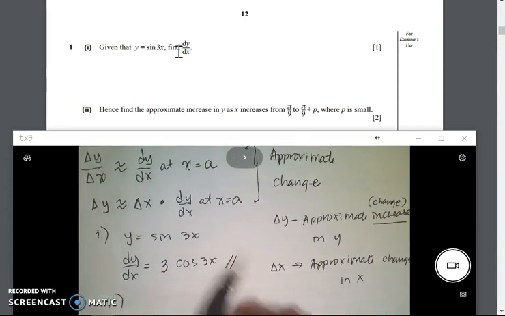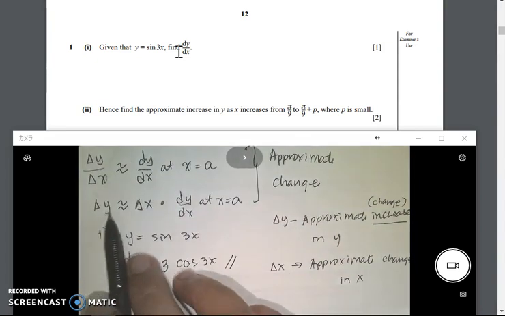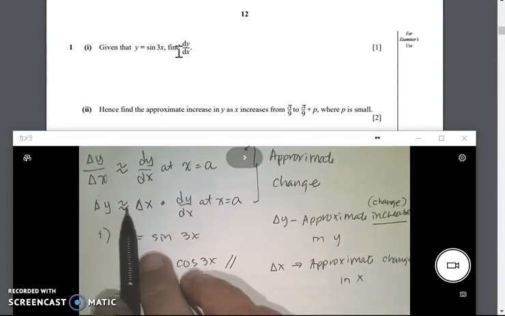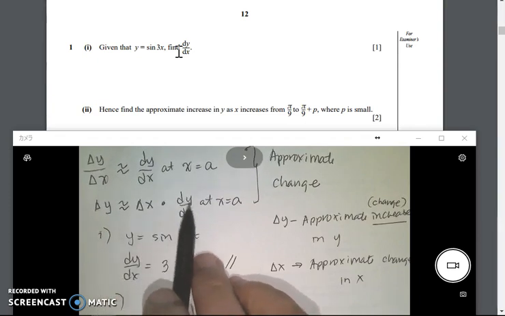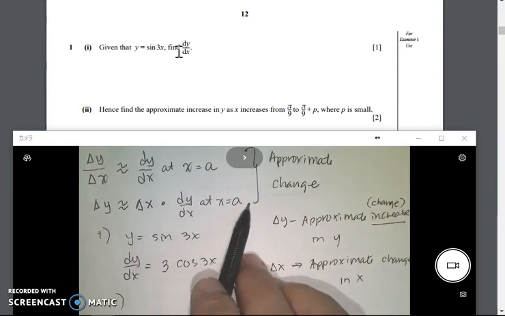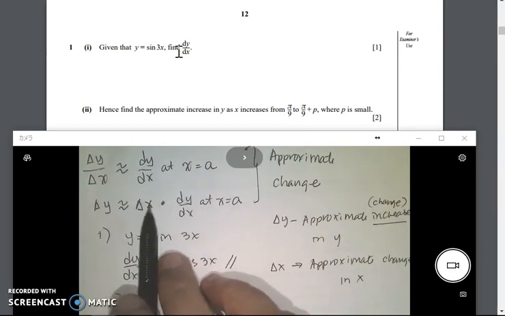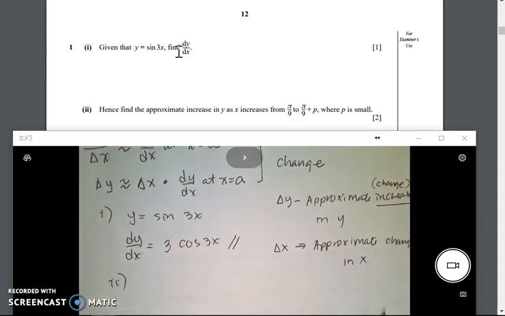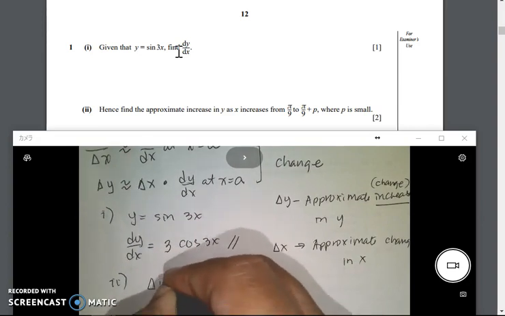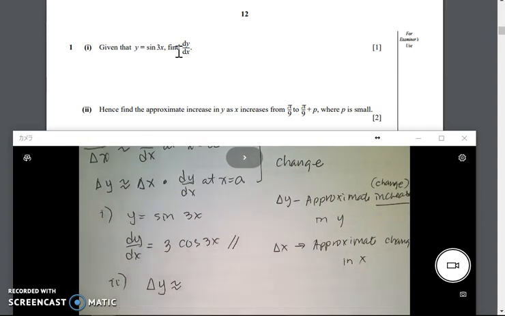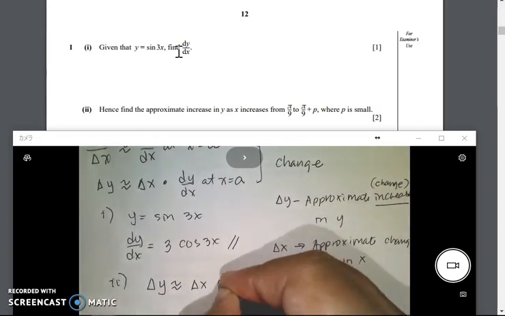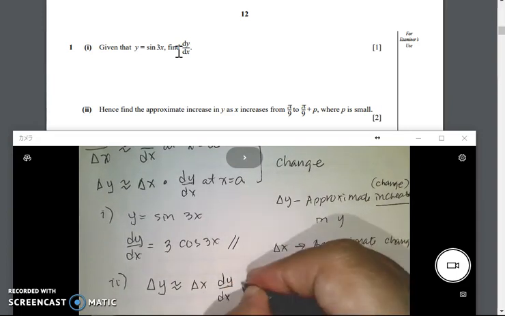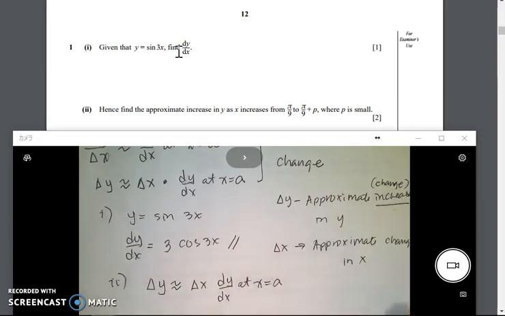Now, let's look at the problem. According to this, the approximate change in y is approximately equal to the delta x times the derivative at x equals a, as long as the delta x is very small. So the approximate change in y, or that increase, is equal to delta x times the dy dx at x equals a.